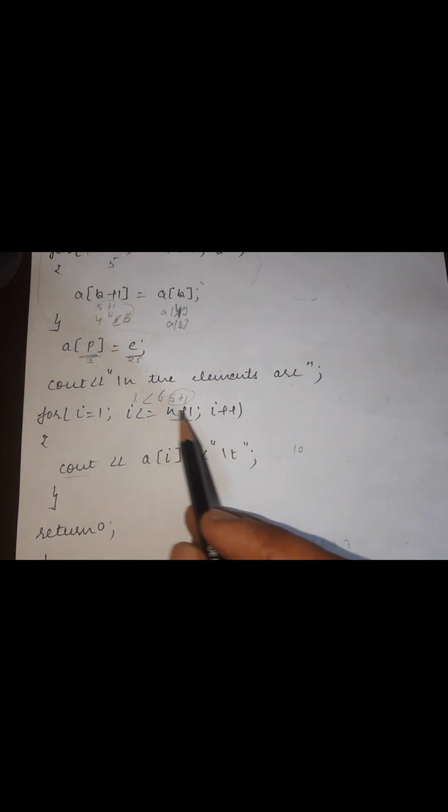So now what value will display? Cout a of 1. A of 1 has a value 10. After this, I is updated to 2, less than 6, condition true. Now cout a of 2. A of 2 means 20 will display. After this, I is updated to 3, 3 less than or equal to 6, condition true. Now 30 will display.